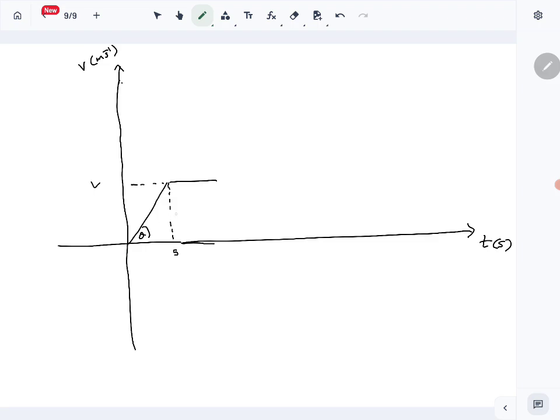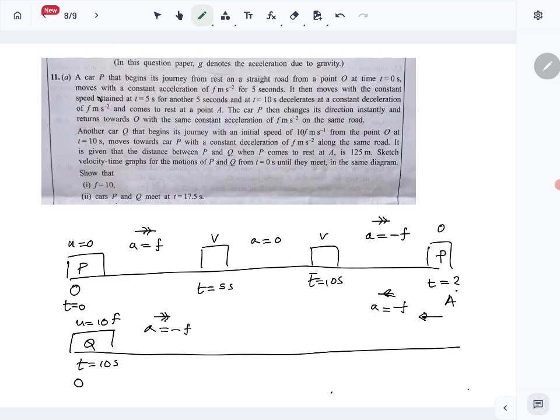Let's figure that out. We know tan theta is f. In that section, acceleration is f. So tan theta is v over 5. So v is 5f. So the speed is 5f. With that same speed, car P goes for 5 seconds until 10 seconds.